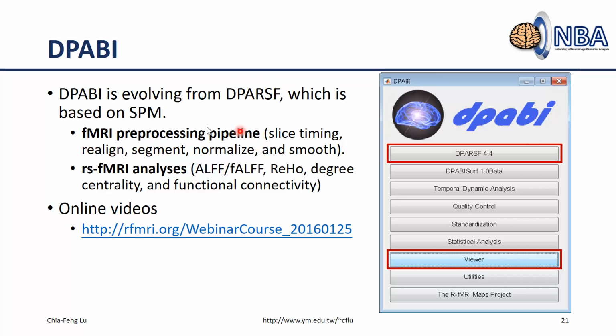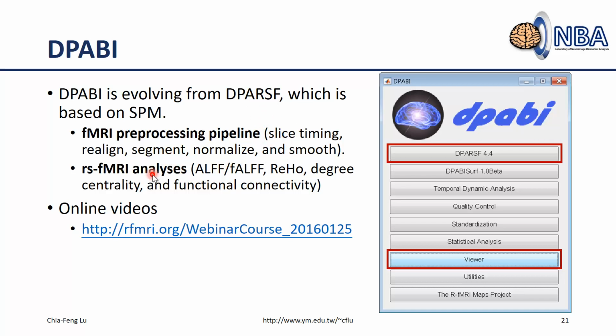Okay. So DPARSF is composed of two different parts. The first part automatically performs the fMRI preprocessing steps. It is originally developed as a pipeline, or you can customize the pipeline, including slice timing, realignment, segmentation, normalization, smoothing, or even filtering and removing covariates or confounding covariates. You can do all that using the DPARSF platform.